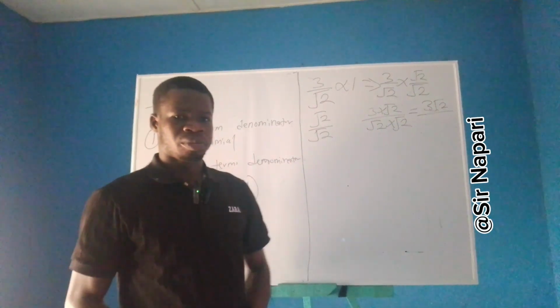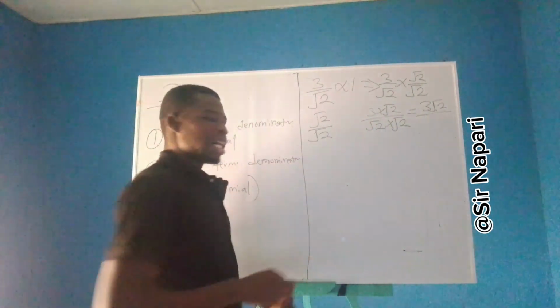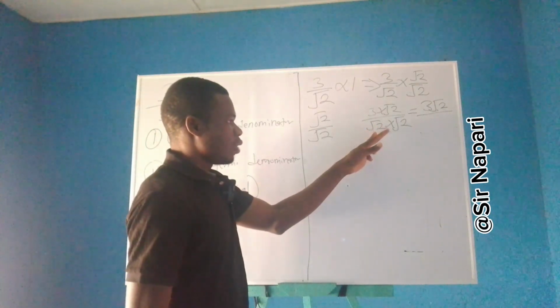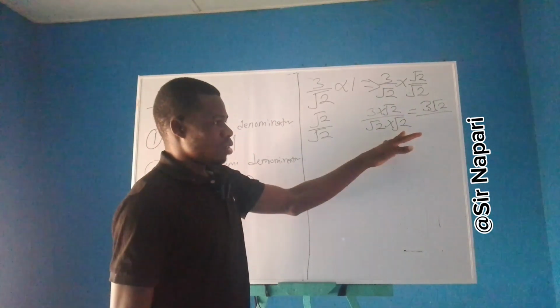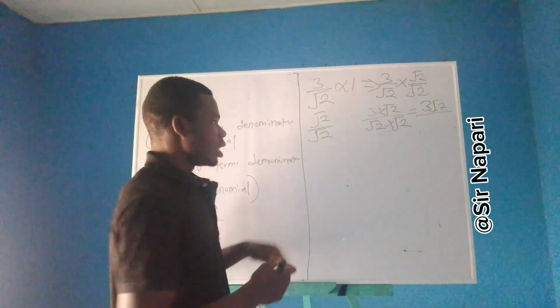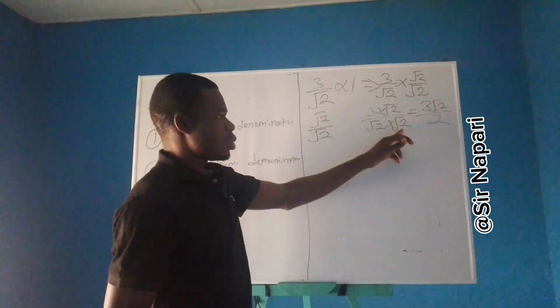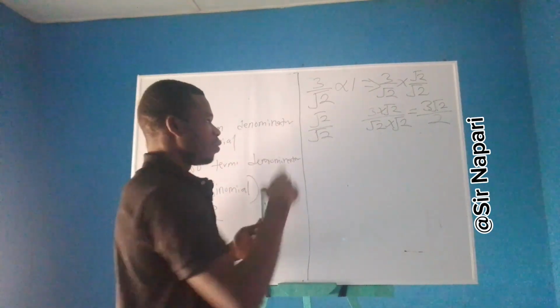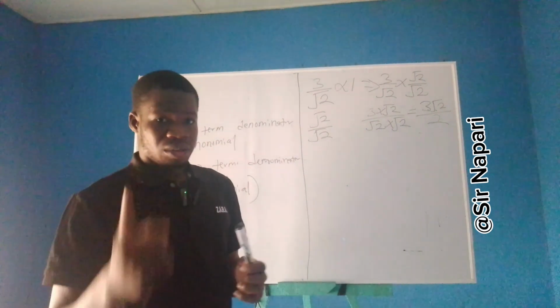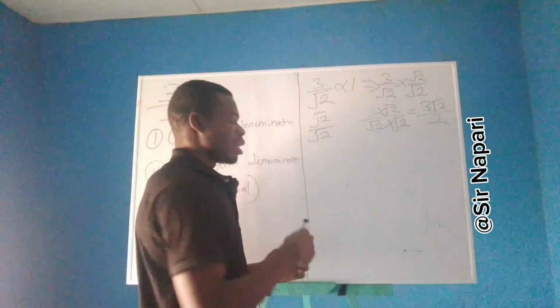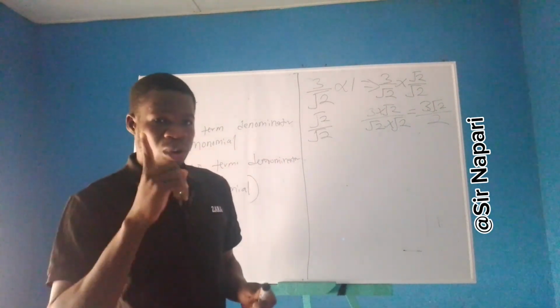Another rule of surds is when you multiply a root of a number by itself, it will give you the same number. Root 2 times root 2 will give us 2. Root 3 times root 3 will give us 3. Root 4 times root 4 will give us 4. Root 5 times root 5 will give us what? 5. Why?